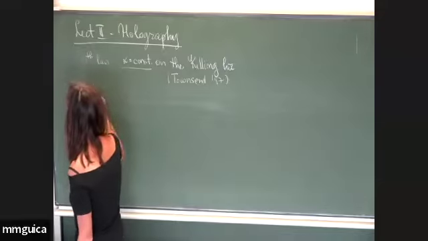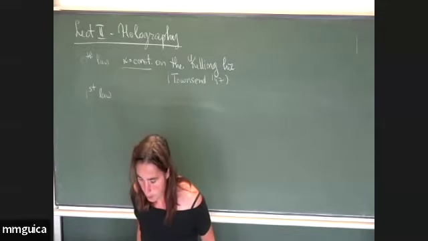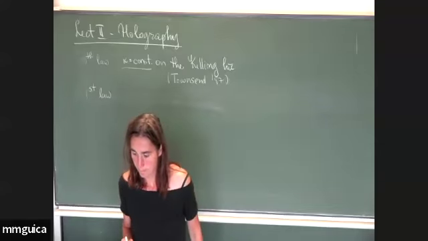The first law, can someone else tell me what the first law is about? It gives the change in area due to the change in mass and change in angular momentum, or the conserved charges, the change in conserved charges. Exactly.